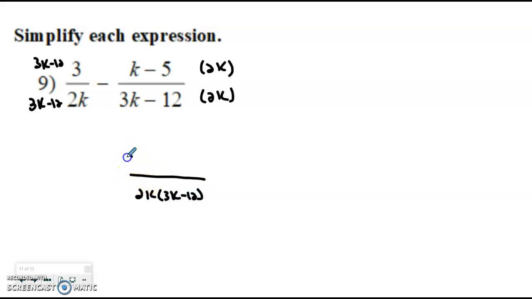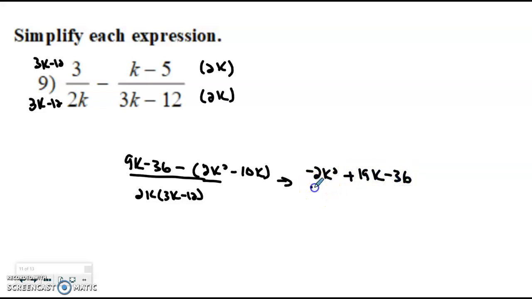And then I got 9k minus 36 minus, and then it's going to be 2k squared minus 10k. So if I kind of clean this up, I get negative 2k squared plus 19k minus 36. And that is going to be over 2k times 3k minus 12. And that's going to be kind of like the most simplified answer.